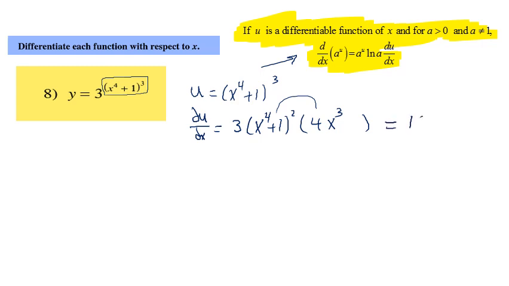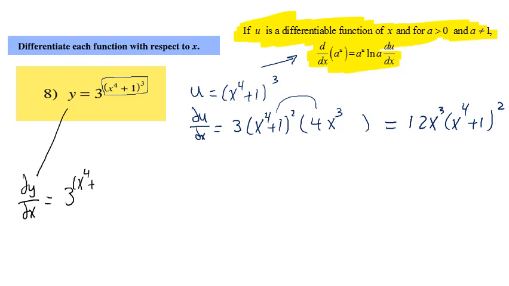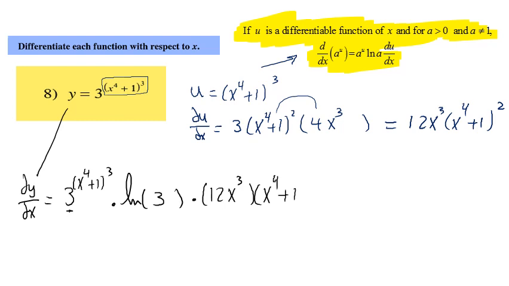So it can be written as 12x^3 multiplied by (x^4 + 1) all squared. So dy/dx is equal to the function itself, multiplied by ln of the base, which is 3, multiplied by the derivative of the function, or u. So multiply 12x^3 multiplied by (x^4 + 1) all to the power of 2.